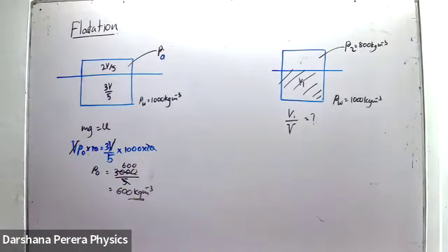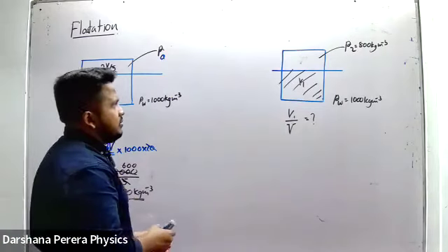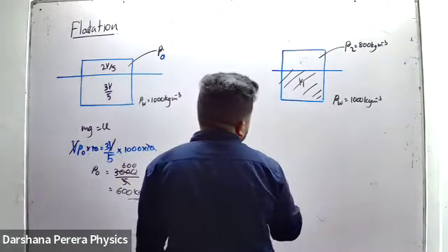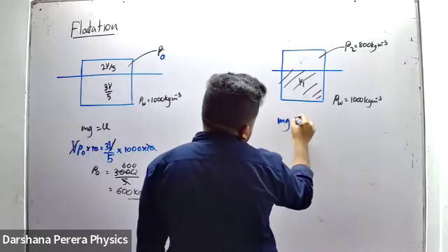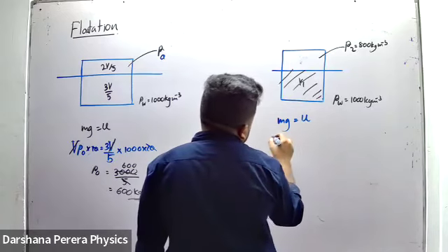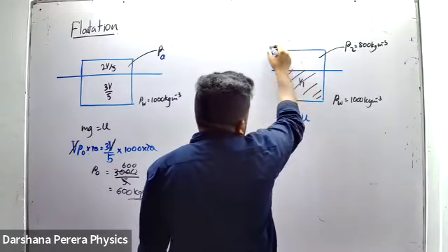Okay. So we can directly apply that equation also. Now mg equals u. v1 over total volume.